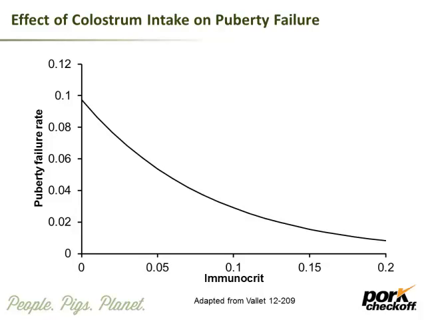And he found that when he looked at incidence of puberty failure, 10% here versus 2% down here, those females that consumed colostrum, along the bottom axis, came into puberty and actually had a pubertal estrus and were successful in being bred. Colostrum ends up having a lot of things in it.